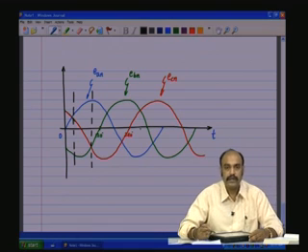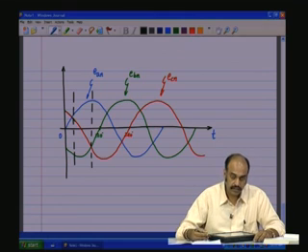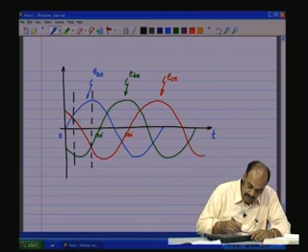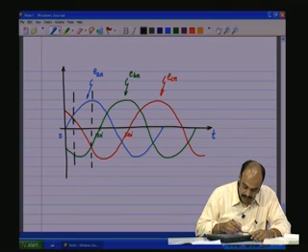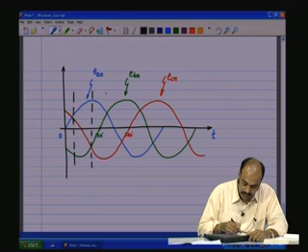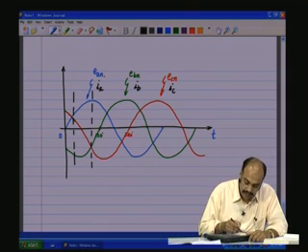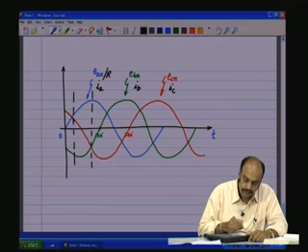Likewise, at every point you will see that the addition of all these three becomes 0, and as they are passed through resistive loads, what is IA? This waveform will be also similar to IA. IB and IC will also have similar waveforms, only the amplitudes get changed by the factor of R, because all are having R's.